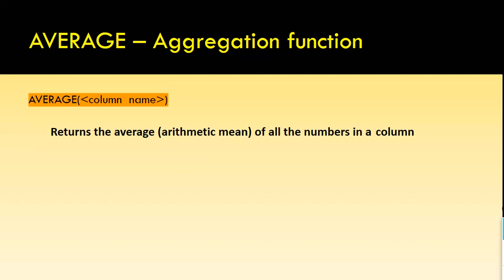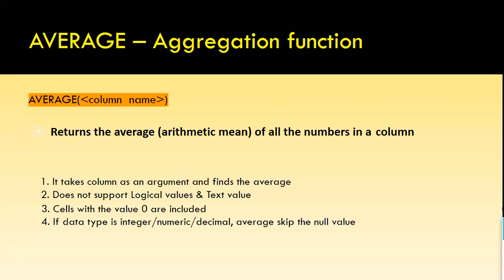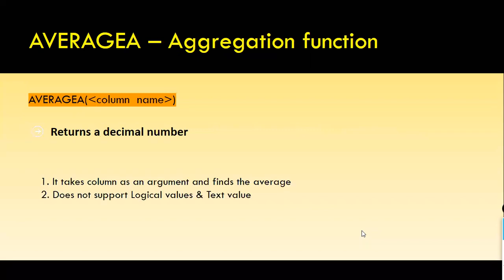It simply finds an average. It returns the average of all the numbers in a column. It takes a column as an argument and finds the average. It does not support logical value and text value. Cells with 0 values are included, it works only with the integer and decimal data type, and it simply ignores the null value.